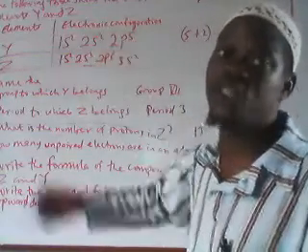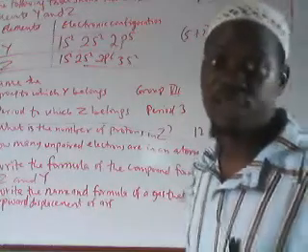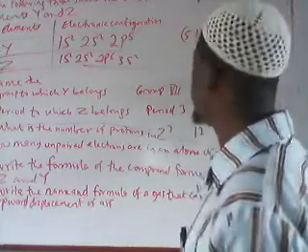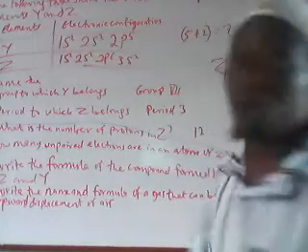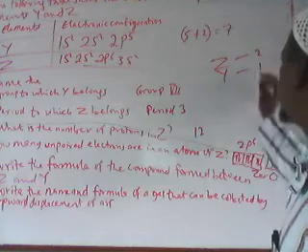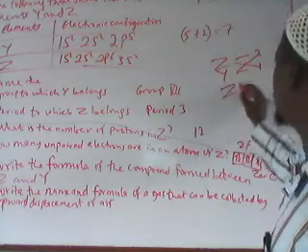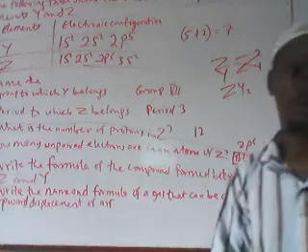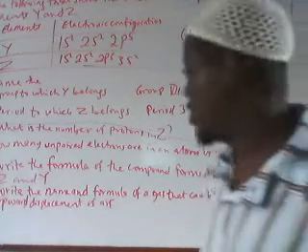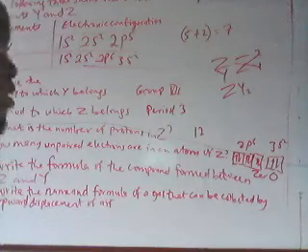The P orbital takes a maximum of 6 electrons, so it requires only one electron to be complete. So the valency of Y is 1. So the formula will be ZY2. This is from your SS1 lesson, chemical formulae of compounds.